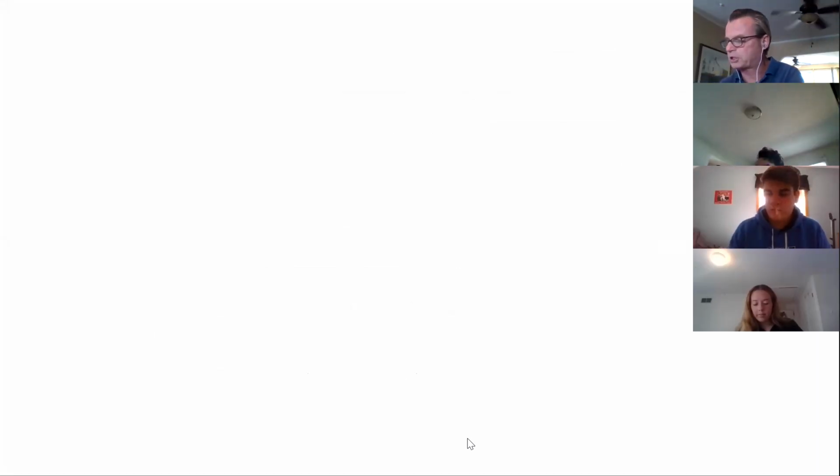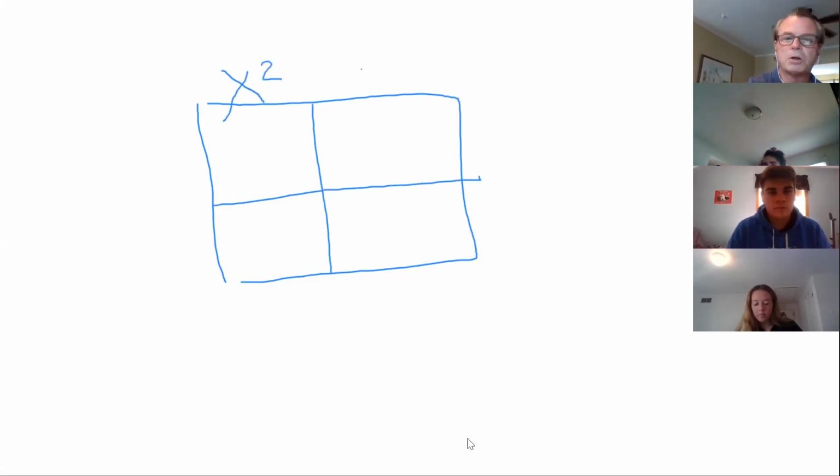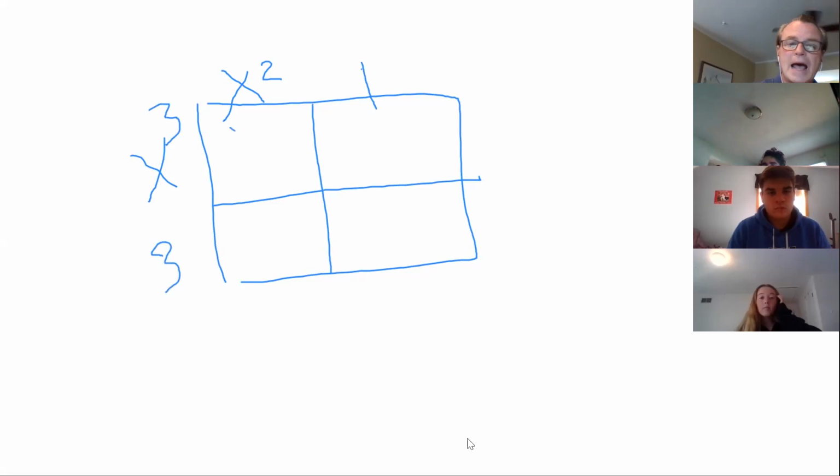But for this problem, you have x squared plus 1. If you multiplied it by x cubed plus 3, you would get x to the 5th, x to the 3rd, 3x squared, plus 3.